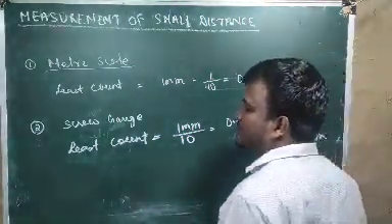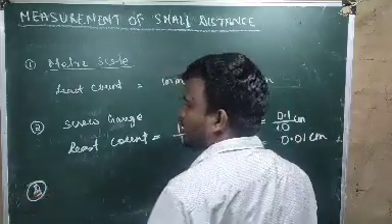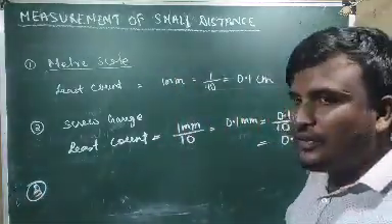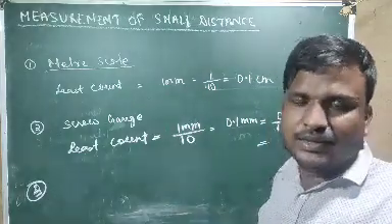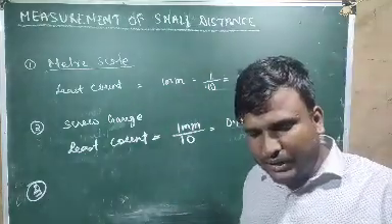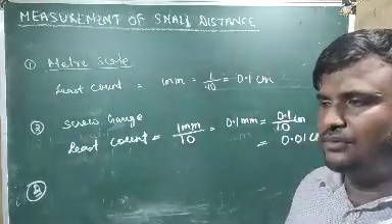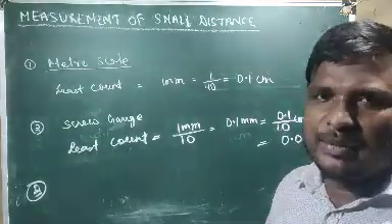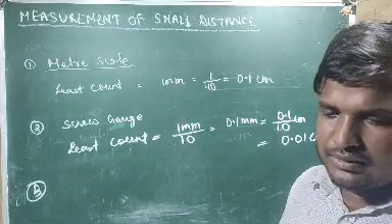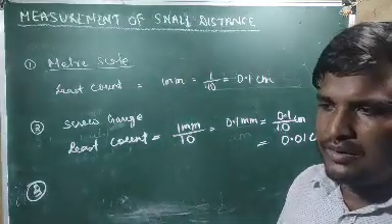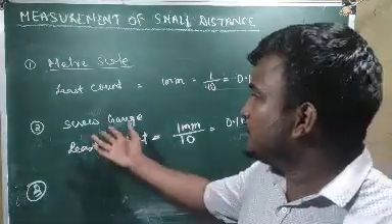Now thirdly, if you divide that 1 millimeter into 100 parts, can you measure that smallest distance by screw gauge?